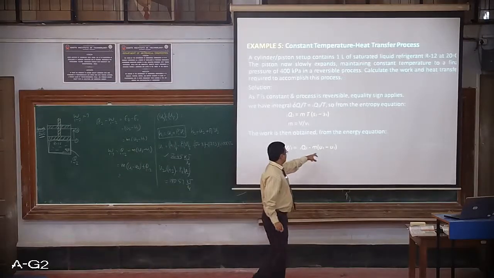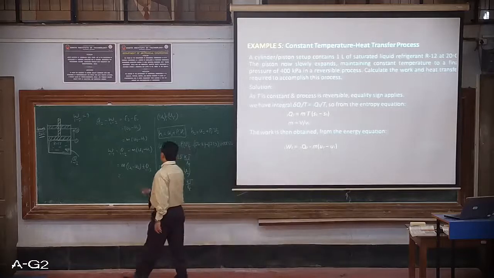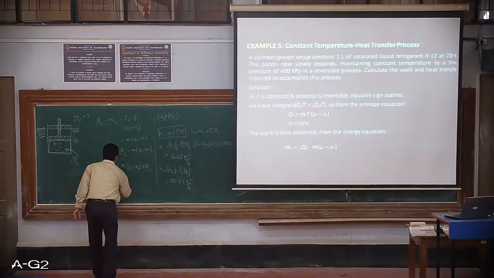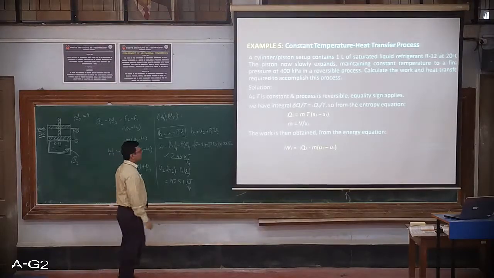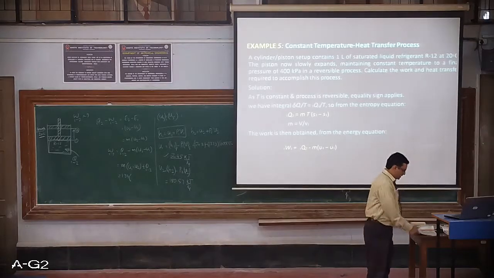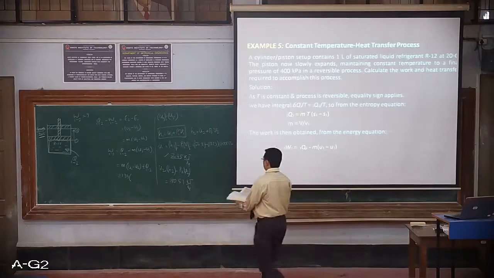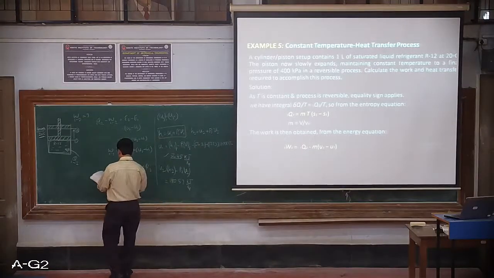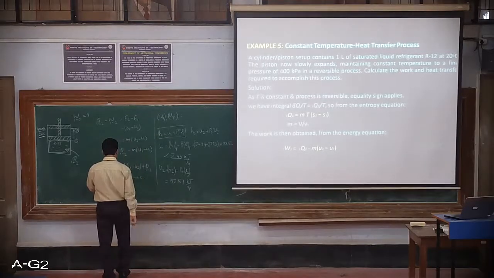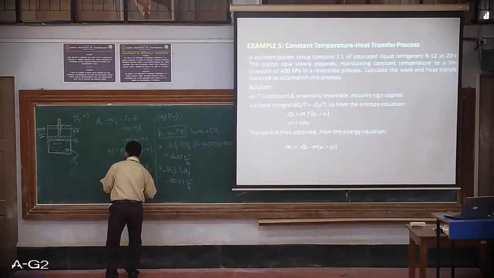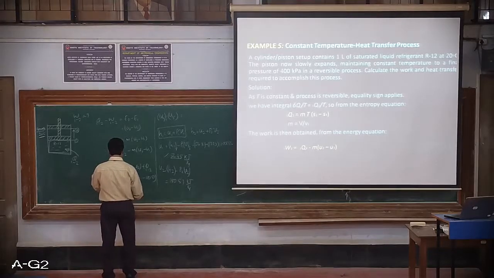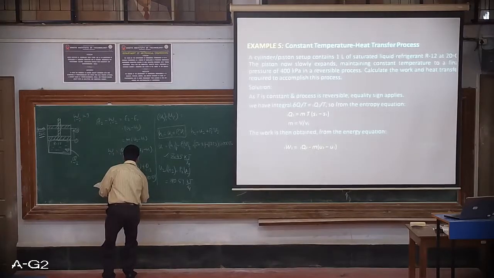So thus we can get the value of U1 and U2. Now all the terms are known. Therefore, substituting in the equation, you can get 1.33 times U2 minus U1 and so on. So that gives you 1.33 times, where U1 is 54.45 minus U2 which is 180.57, plus heat transfer, which we have calculated to be around 200 kilojoules.